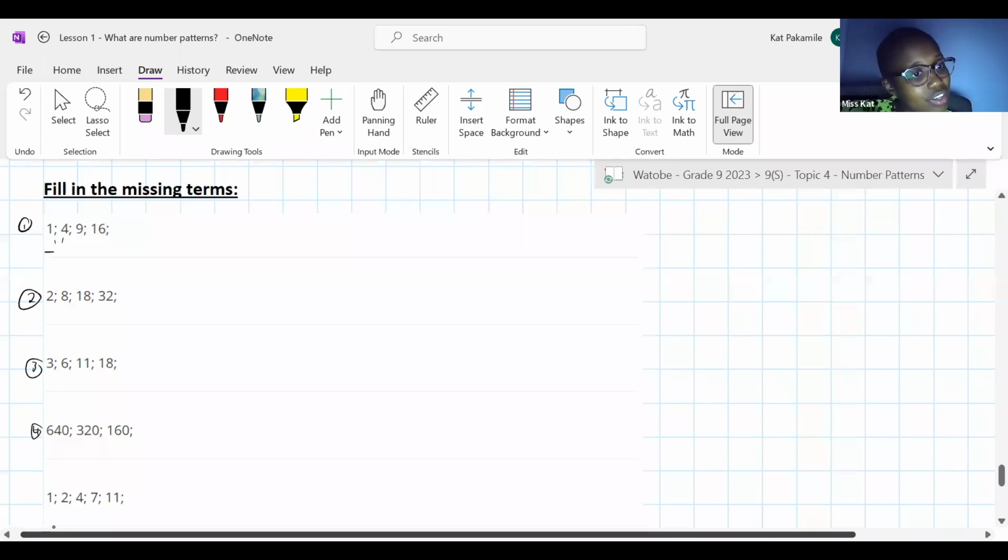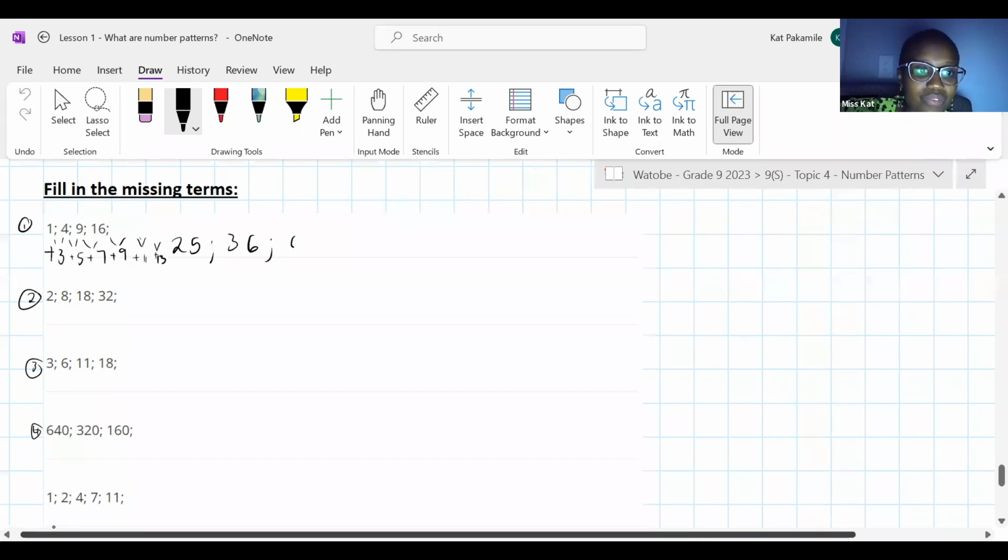So here you add 3, then 5, then 7, then 9, and it gives you 25. Then from 25, we add 11, so it gives you 36. Then from 36, we add 13, and it gives me 49.